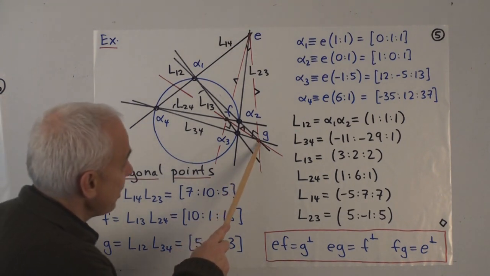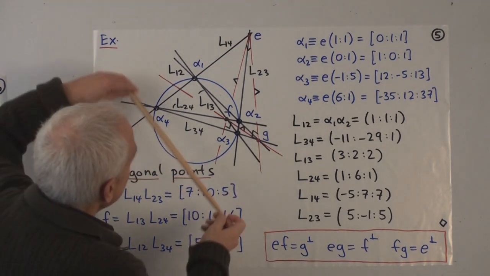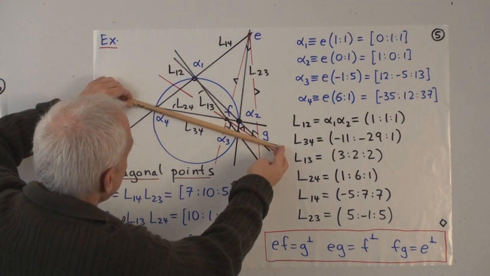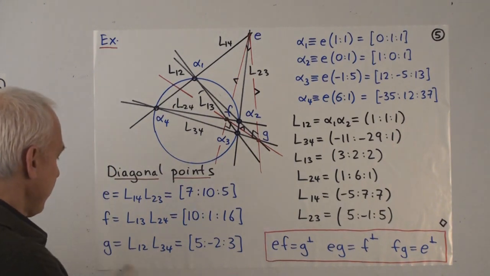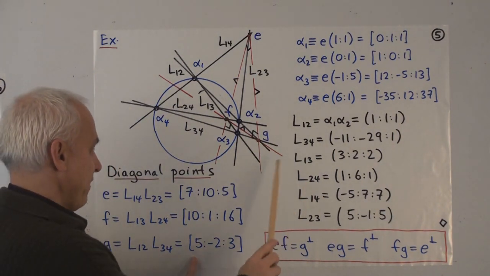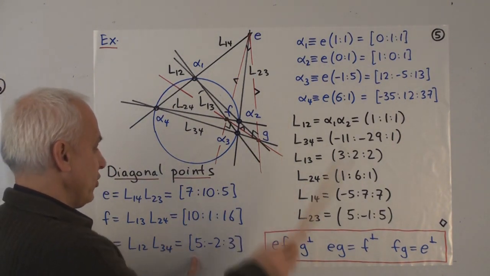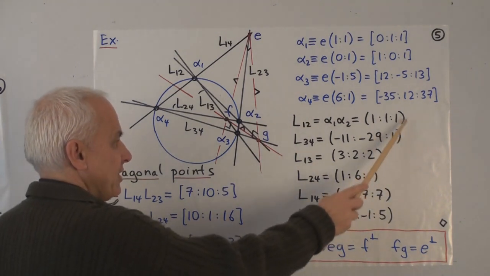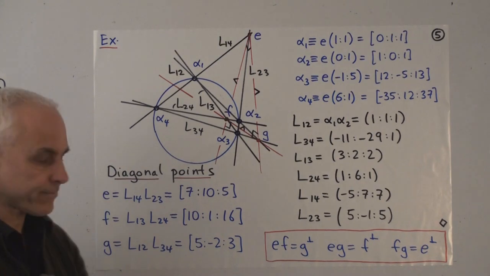So for example, G, that's the meet of L12, which is right there, and L34, which is right there. It's given by the J function applied to L12 and L34. So you apply J to these two, you get this.